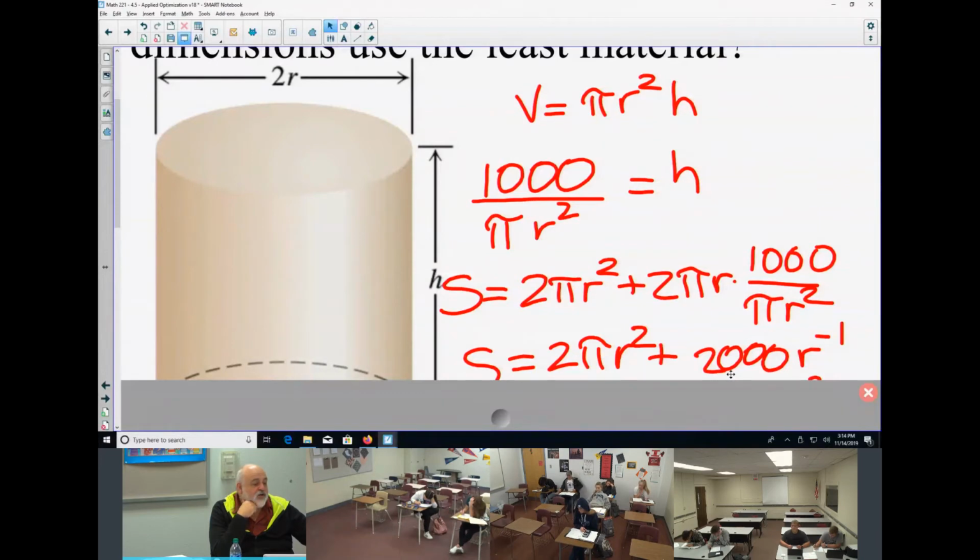All right, so Rhett, what did you get for s prime? 4 pi r minus 2,000 r to negative 2. That is correct.